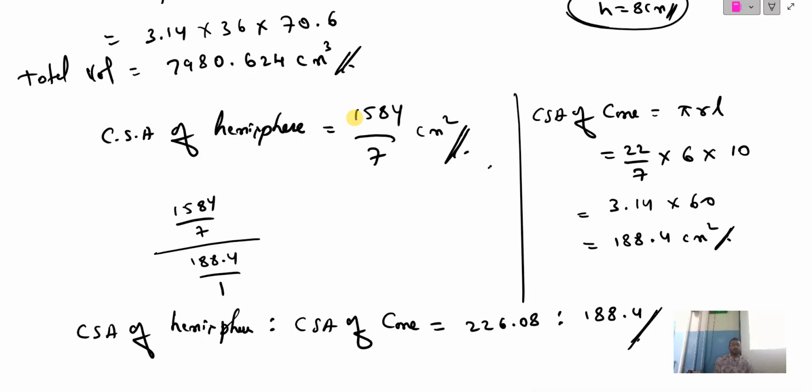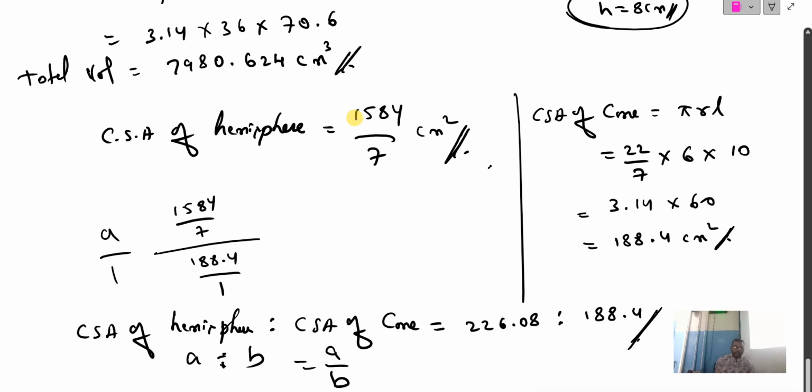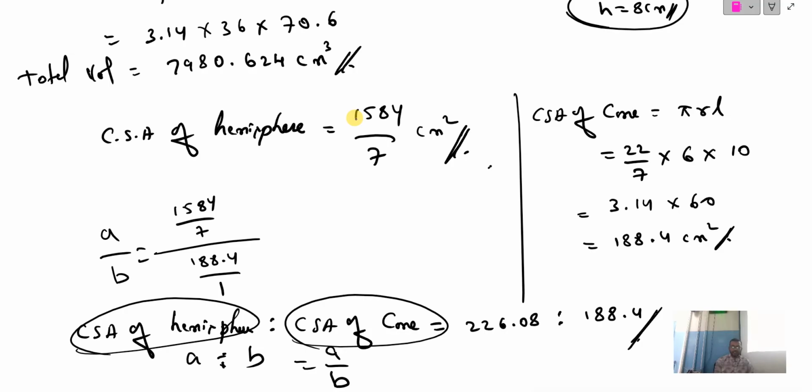Now in case you are going to cancel this, 1584 divided by 7, how much? 226.25, into 1 by 188.4. Again it will be a calculation for you. You have to simplify this. 1 divided by 188.4 is 0.0053.